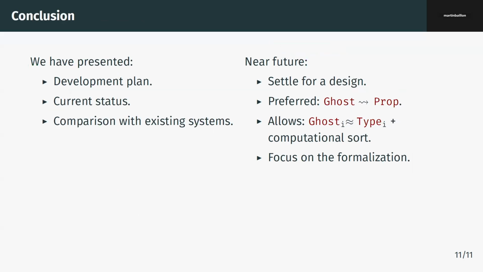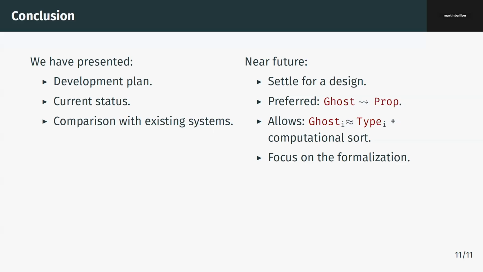So to conclude this talk, this is a development plan of the Ghost sort in Rocq. We are trying to formalize everything. We are currently implementing all the machinery needed in the sort system. And what we want to do soon is to settle on a design among the three I've presented.